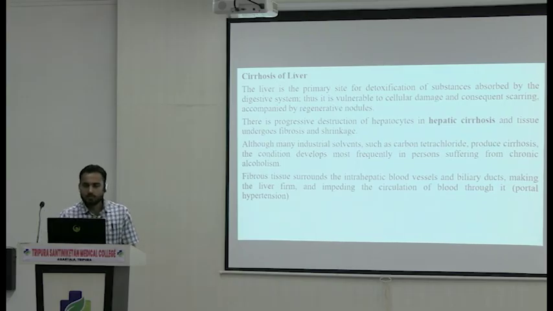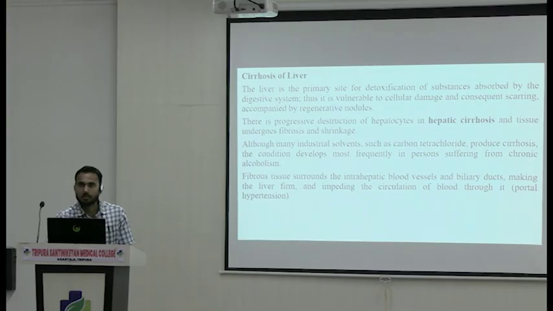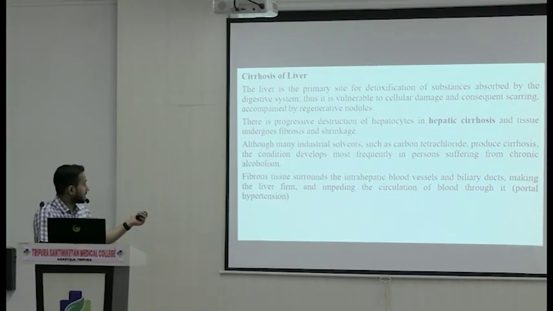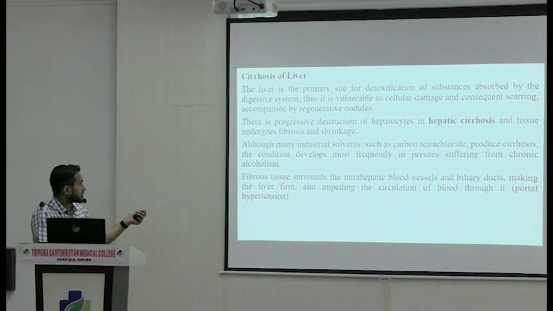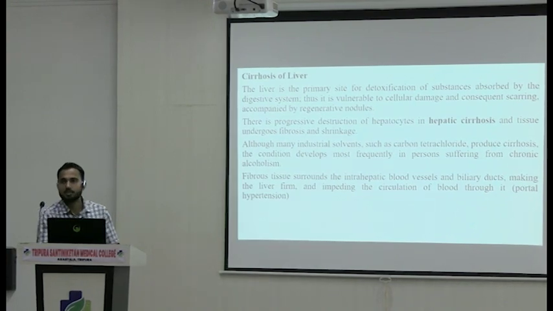Now there is progressive destruction of the hepatocytes in hepatic cirrhosis, and tissue undergoes fibrosis and shrinkage. So whenever the cirrhosis is taking place, there will be tissue undergoing fibrosis, and shrinkage of the tissue will take place.